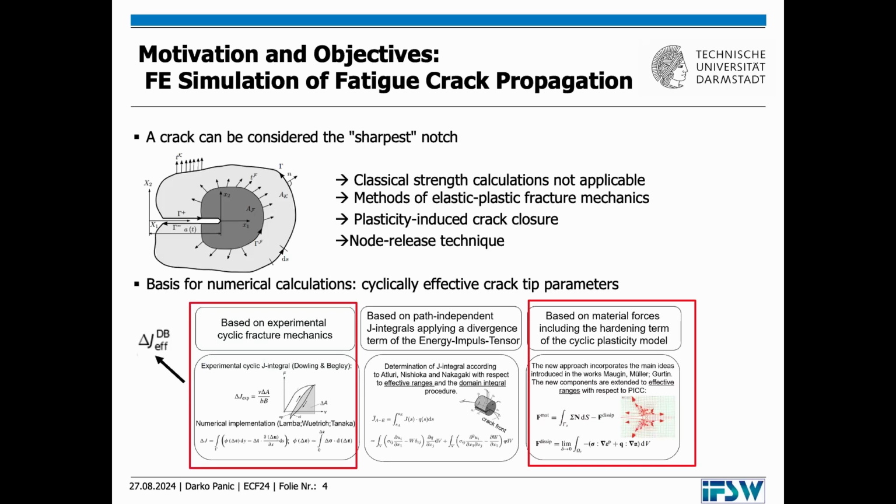In this presentation, I'll call the parameter which is based on Dowling and Begley's idea delta G effective dB. And on the right, the corrective parameter which is based on the material force theory is called delta F tip effective.